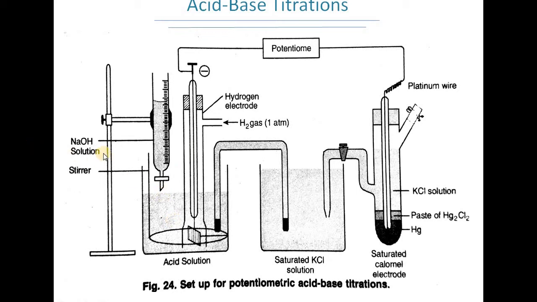Due to the addition of NaOH, the concentration of hydrogen ions at this electrode changes, which ultimately leads to a change in the EMF of the cell, as the electrode potential of the saturated calomel electrode remains practically constant. So the variation in this electrode potential will be directly indicated in the variation of the EMF of the cell.